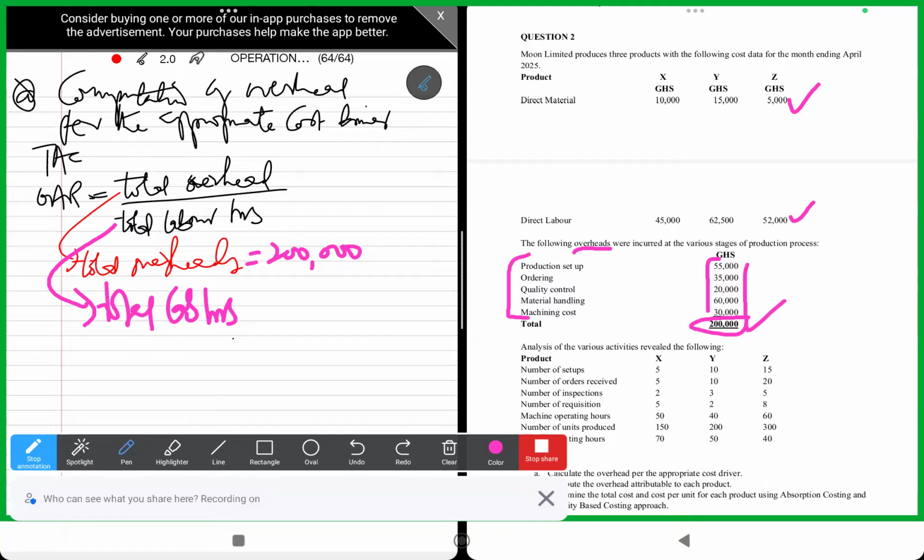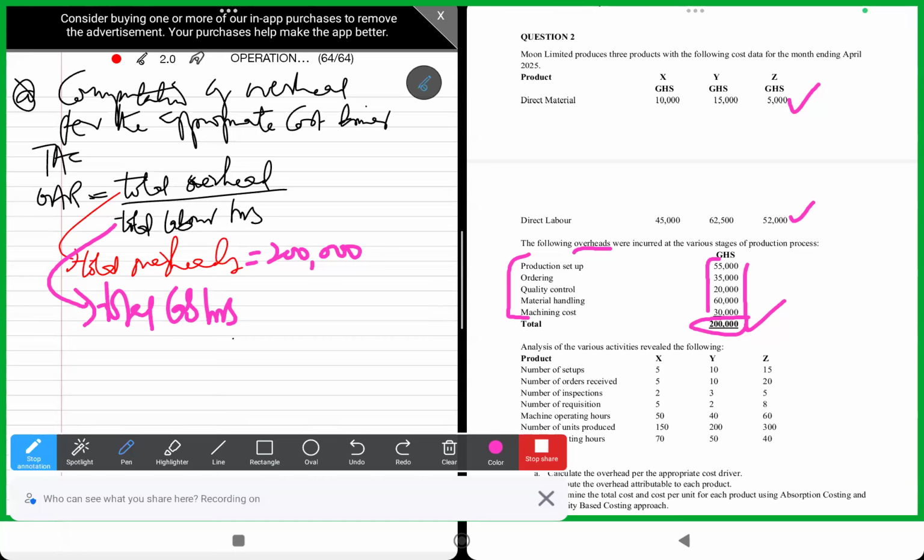Whenever you are adding figures, when they are round figures, or in thousands, so that there are 3 zeros after the comma, just add the first digits. Add the digits before the 3 zeros.